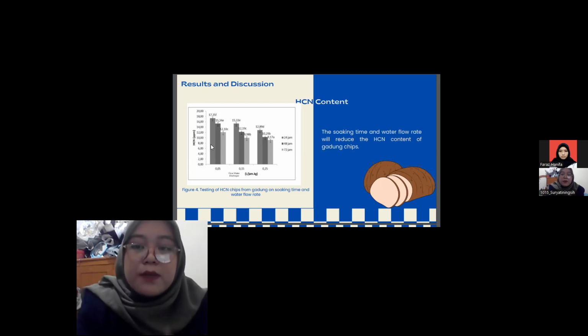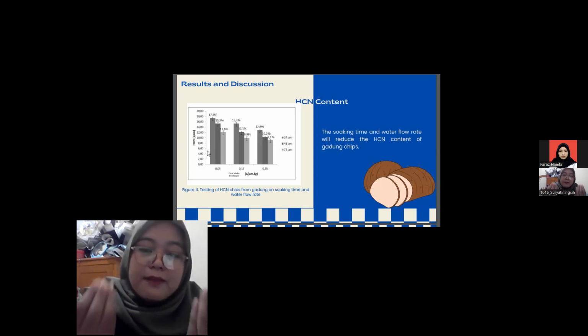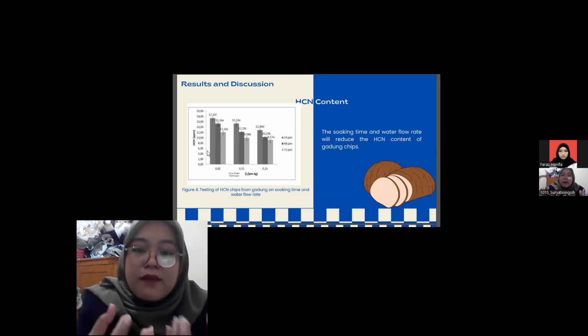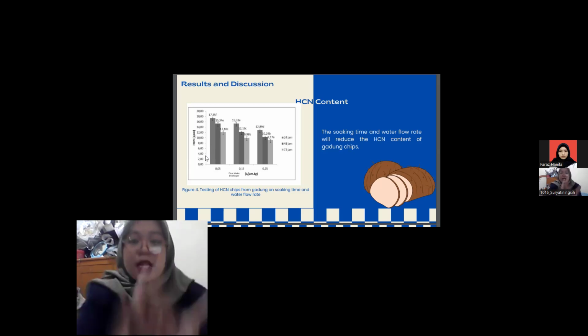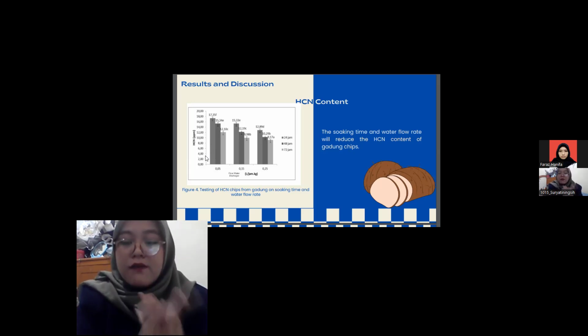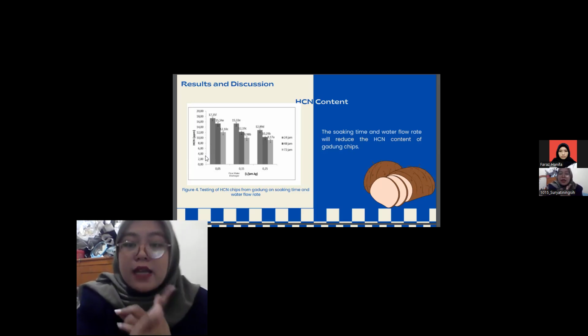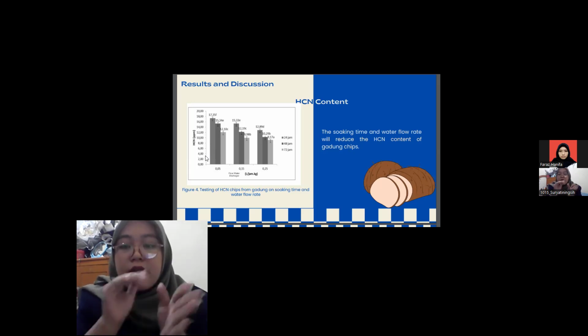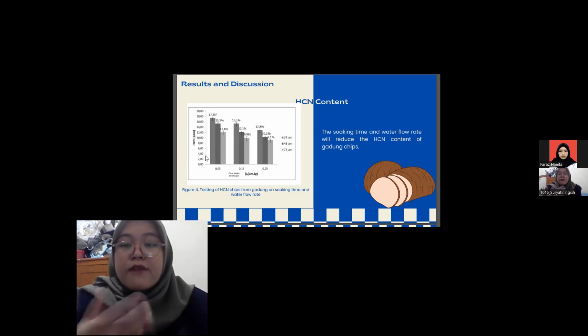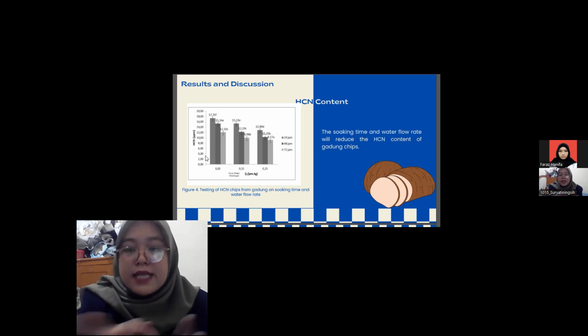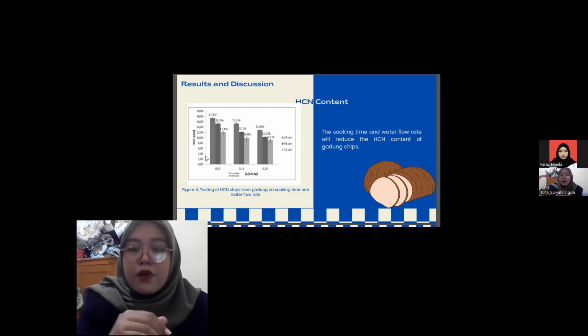Prolonged soaking in water can break down HCN from cyanogenic glycoside bonds, causing a significant amount of HCN to dissolve and be carried away by the water. A combination treatment with high water flow rates can also accelerate the removal of HCN compound because faster flowing rates can more efficiently carry dissolved HCN compound away through diffusion.